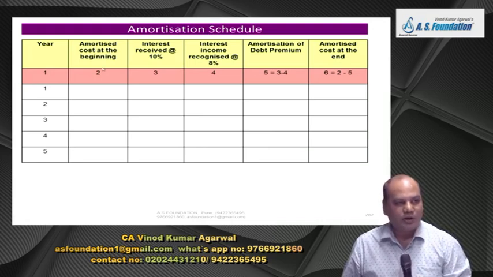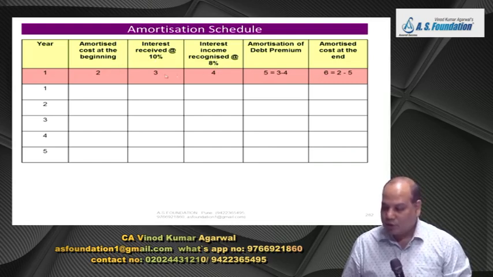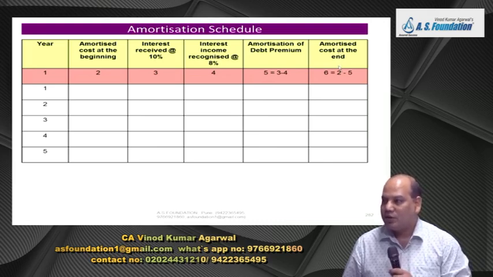Amortized cost at the beginning. Interest received will be at 10%, which is a fixed number, 50,000 into 10%. Interest income recognized at 8%, which will be the effective interest rate into opening amortized cost balance. The difference between the two, 3 and 4, will be adjusted in the carrying amount of the investment and will give me amortized cost at the end.